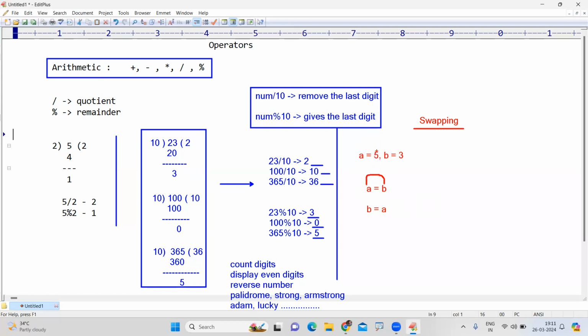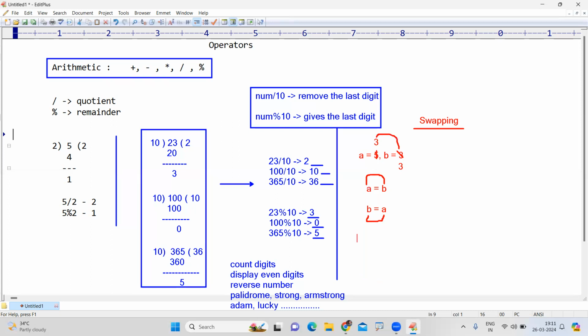So b value 3 will store into a. So a value 5 will be gone, and in that place 3 will store. Just keep this in your mind, 5 is gone. Now the a value will go and store into b. The a value, which is now 3, will store into b. 3 will store here because 5 is not there.